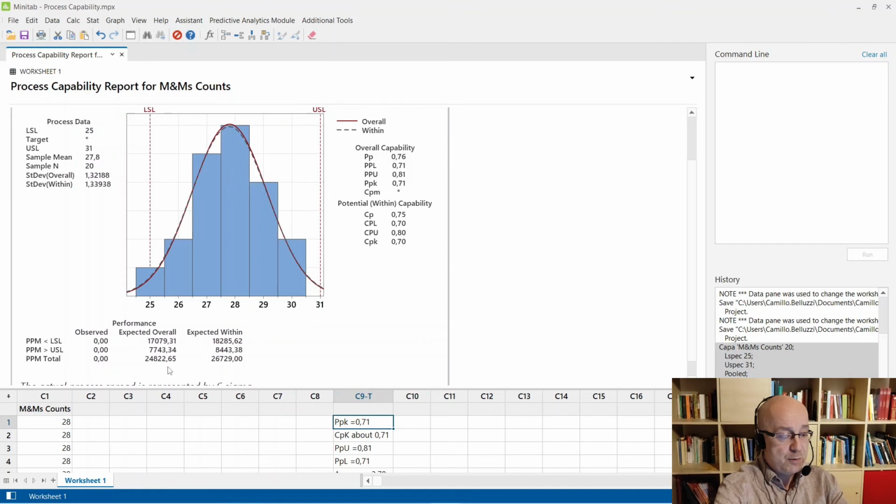In total, I will have 24,822 bags per million outside of both specification limits, but 24,822 bags per million means exactly 2.48% scrap rate, which as an approximation is 2.5% scrap rate in future production.